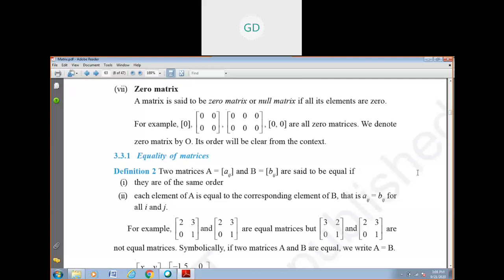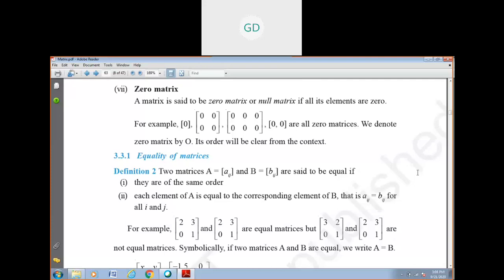That means when we will call 2 matrices equal, because later on we will have some equations, and when there is an equation, there will be some operations: addition, subtraction, multiplication, and definitely in an equation, equality must be there.